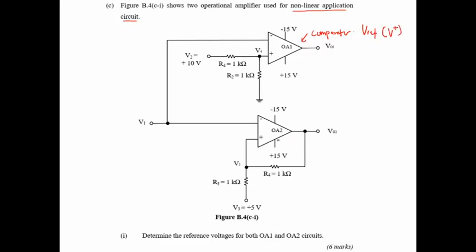For OA2, there is a positive feedback from the output to the positive input here, so this is a Schmitt trigger. A Schmitt trigger has two transition points, VUTP and VLTP, calculated from the V plus equation.